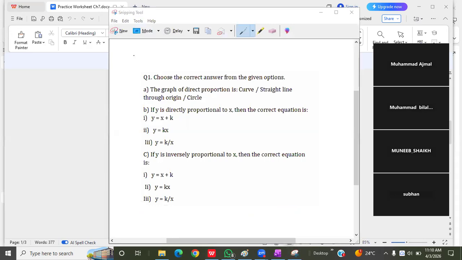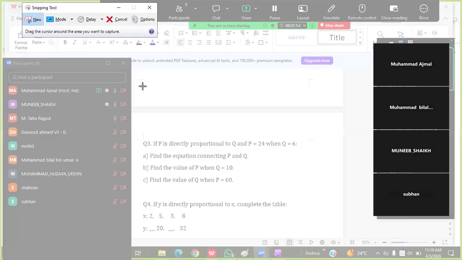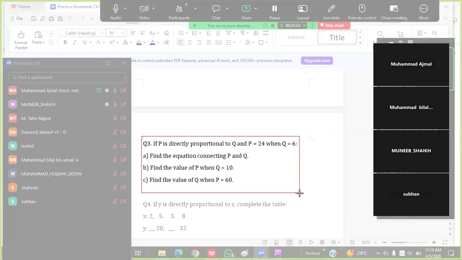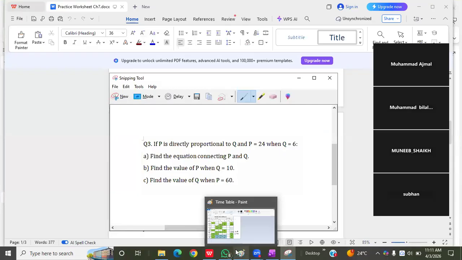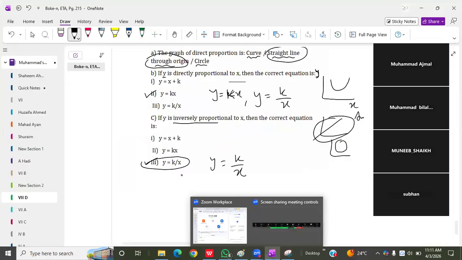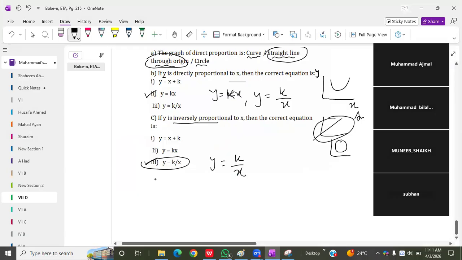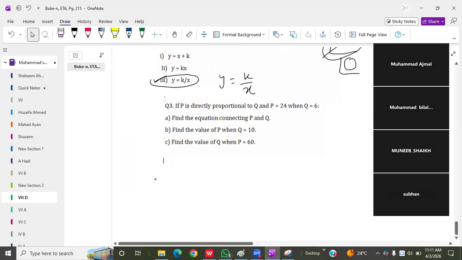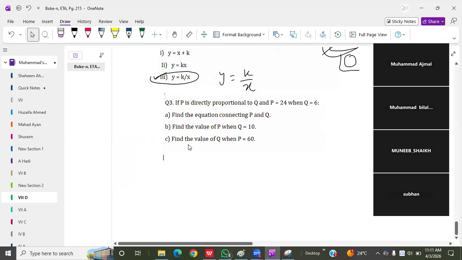That is the question from other chapter. Now we have third question. If P is directly proportional to Q and P is equal to 24 when Q is equal to 6, find the equation connecting P and Q. So how we will solve it?